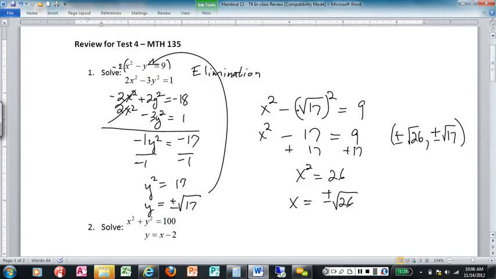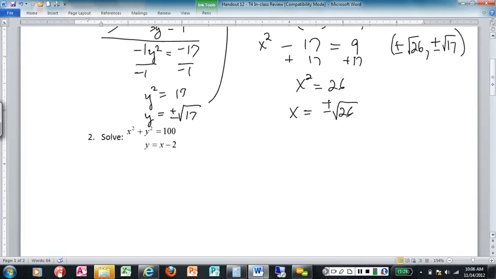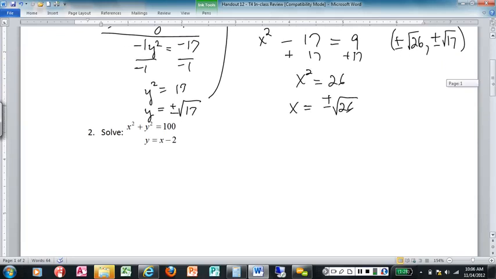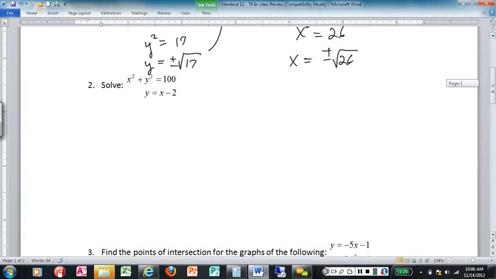All right. Number 2. Number 2 looks like to me, what does it look like to you? Substitution. Yeah, because I can take this y equals x minus 2, and I can substitute that for the y in the first one. So I get x squared plus x minus 2 squared equals 100.